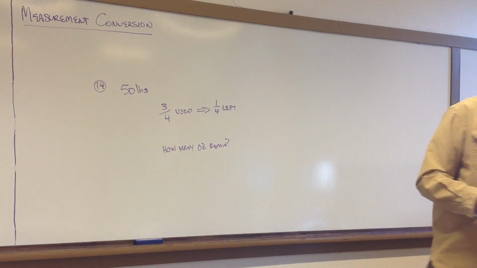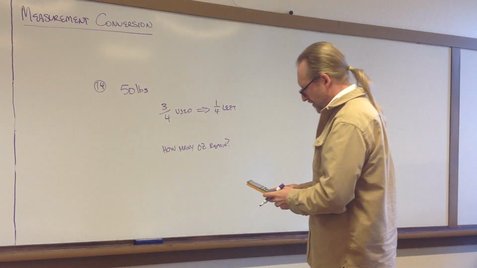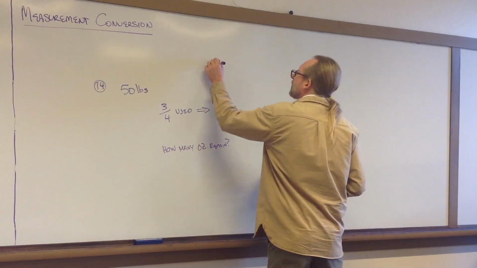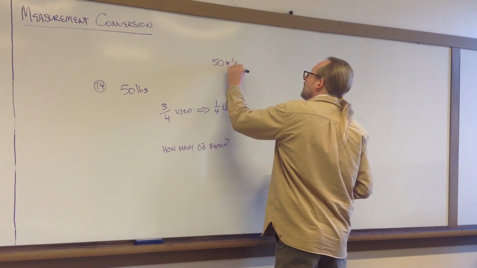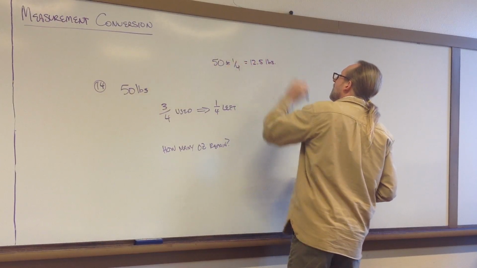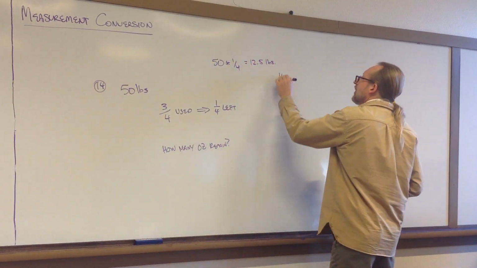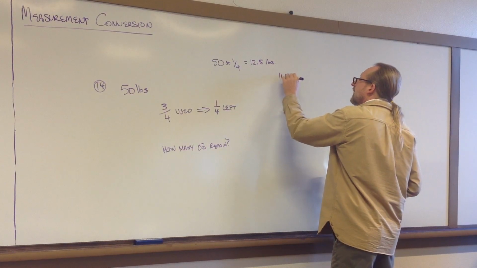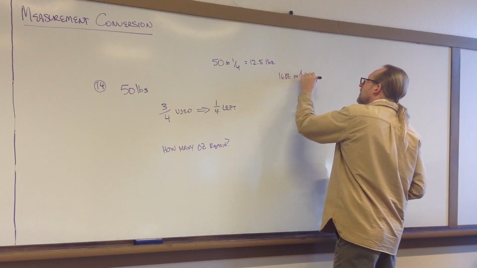Double check that. 50 times 1/4, 12.5. So there's 1/4 left. That means there's 12.5 pounds. And we know that there's 16 ounces in 1 pound.